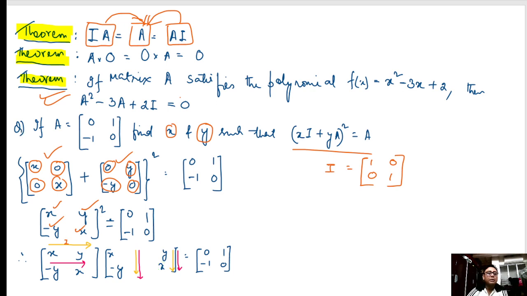Okay, so now what we will do is minus y into x plus x into minus y, and then we will get this result.